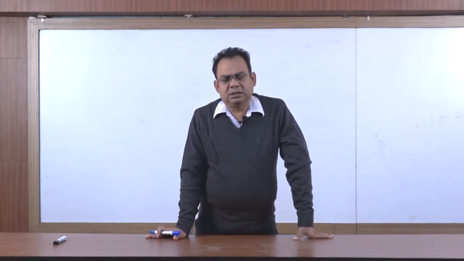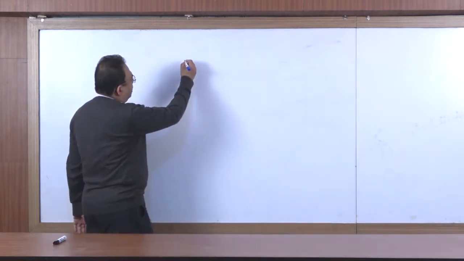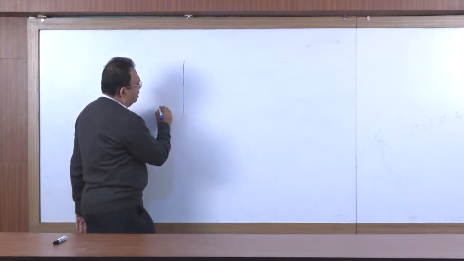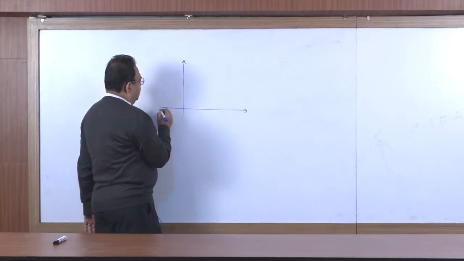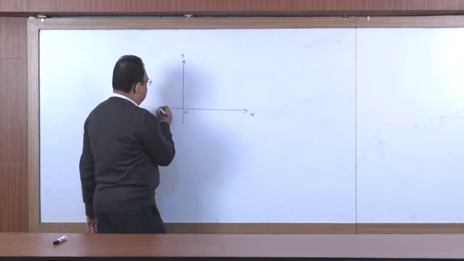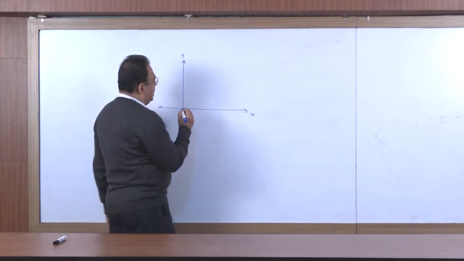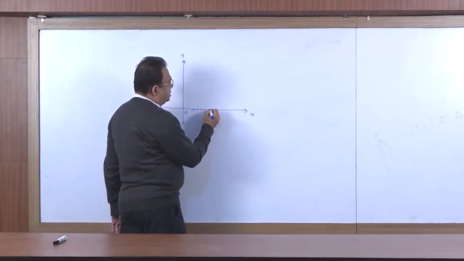Let it initially be the x axis. So, we are considering again the two-dimensional Cartesian coordinate system. This is origin, x axis, y axis, this is negative x axis, and let the mirror be aligned along the x axis.